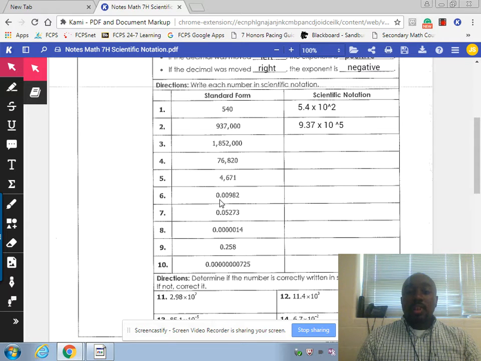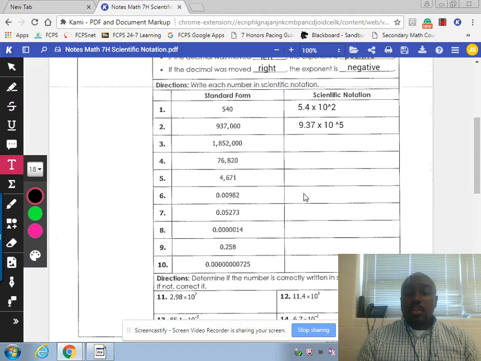We need to move this decimal to the right so that we have a number that falls between 1 and 10. We move it 1, 2, 3 spaces. If we move it 3 spaces, we end up with the number 9.82. Is 9.82 between 1 and 10? Yes, it does fall between 1 and 10. So as a result, we're going to write this number in scientific notation.